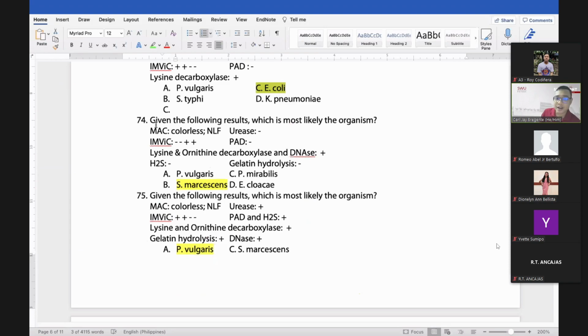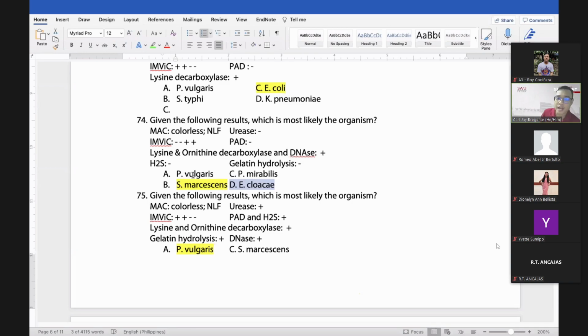Number 74, given the following result, which is most likely the organism? With MacConkey alone, you already know which possible organisms you can rule out. It's colorless and a non-lactose fermenter. So you will rule out Enterobacter cloacae, because Enterobacter cloacae is a lactose fermenter. In the IMVIC reaction, you are not sure because there are three remaining.